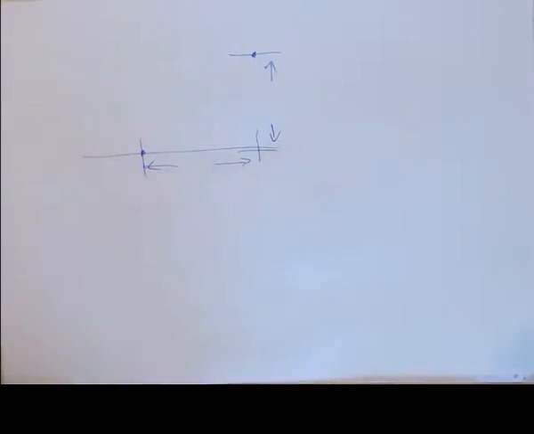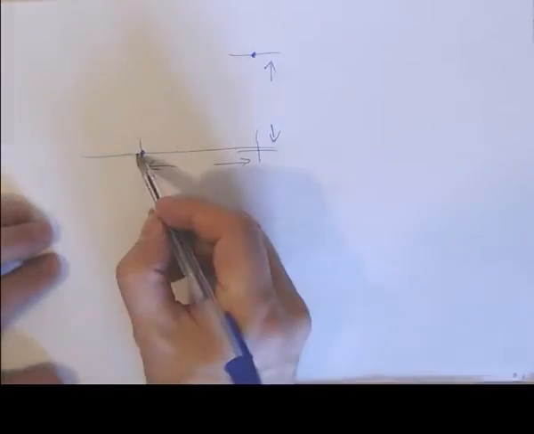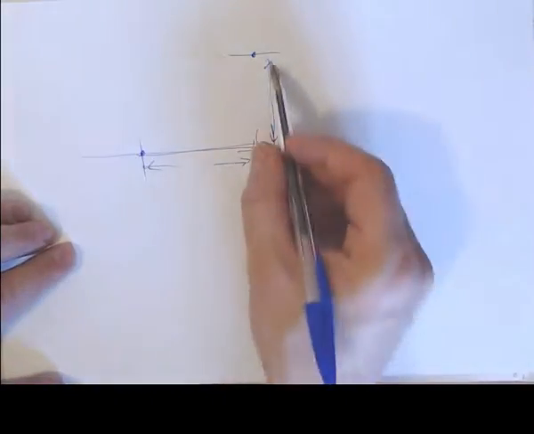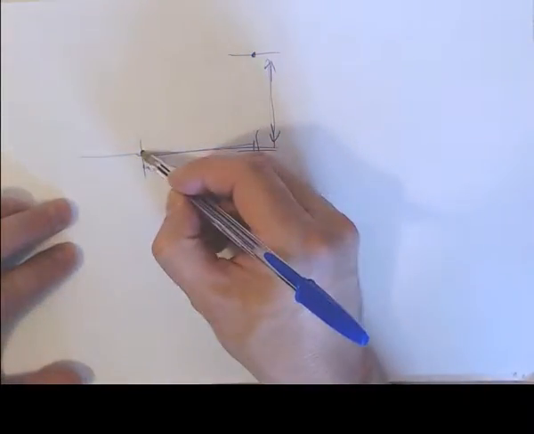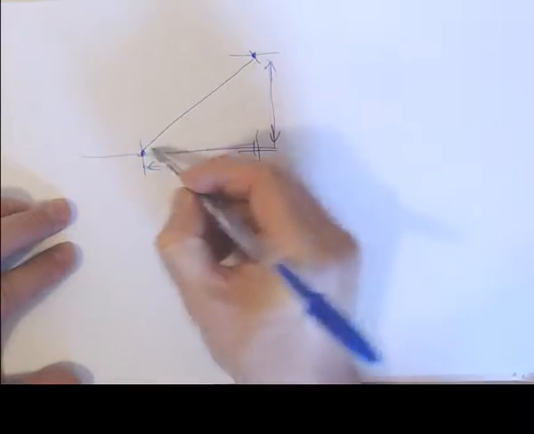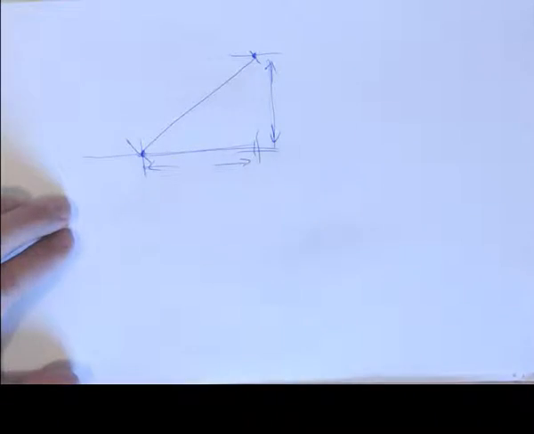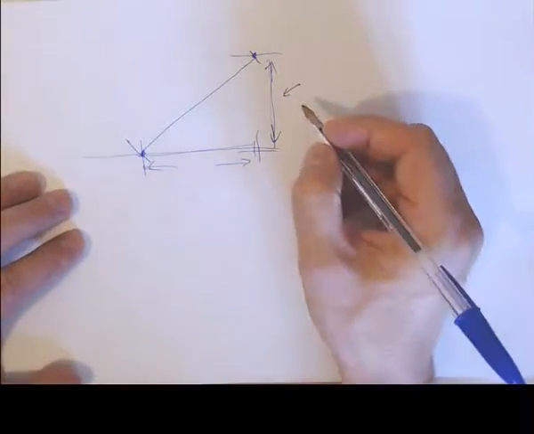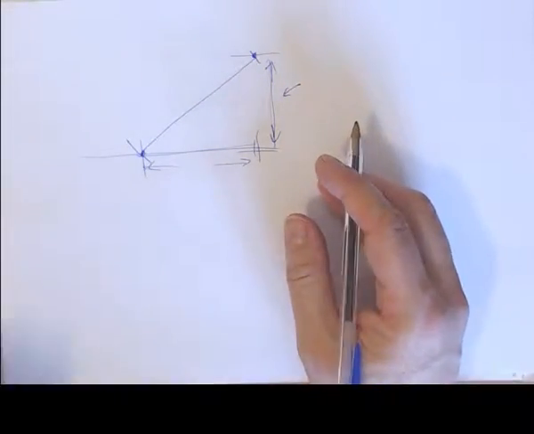Now today, we don't want to know this distance and this distance, how far we walk east and how far we walk north. We want to know how far we walk if we were able to go in a straight line. There's a theorem that tells us to take this number, so we're going to pick a different number just so it works out a little bit better.